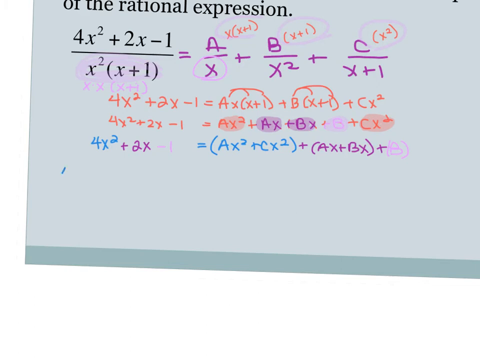So 4x squared should equal ax squared plus cx squared. 2x should equal ax plus bx, and -1 should equal b. So I broke them apart by the term. All of the squareds get grouped together, all of the x to the first gets grouped together, and all of the constants get grouped together.